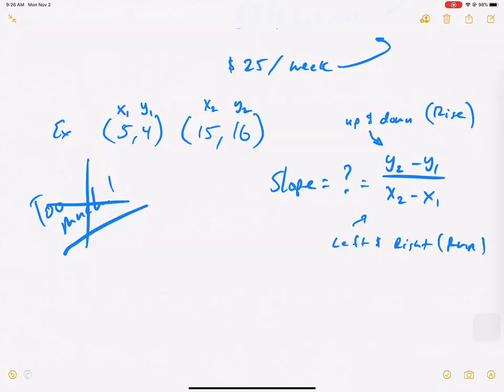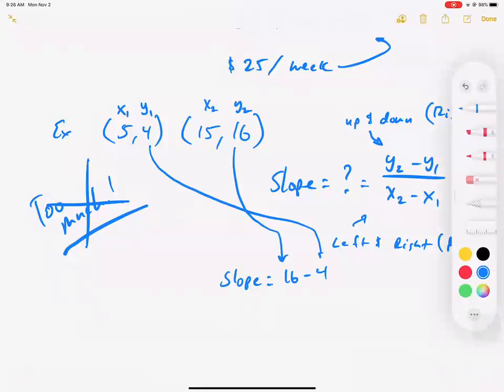So we can do this a couple of different ways. We can just follow the formula and plug in. Slope is y2, which is 16, minus y1, which is 4, divided by our x2, which is 15, minus our x1, which is 5.